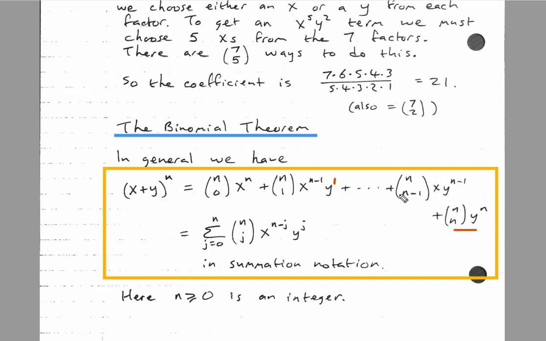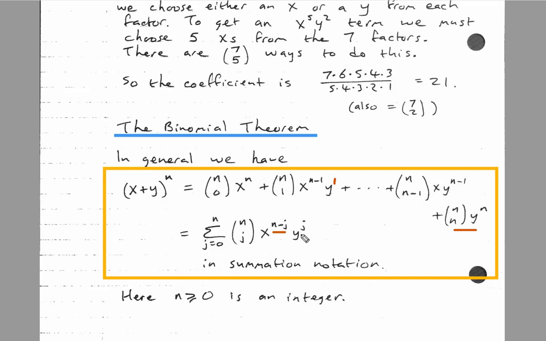Okay, so you see the pattern in summation notation, using an index j that runs from 0 to n. So it's n choose j times x to the power n minus j, y to the power j.